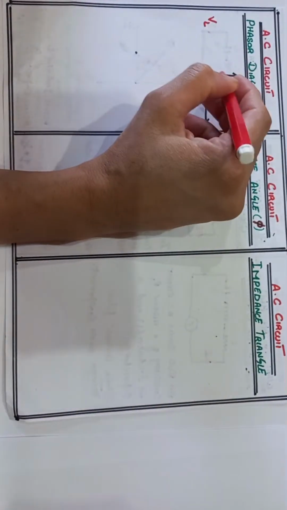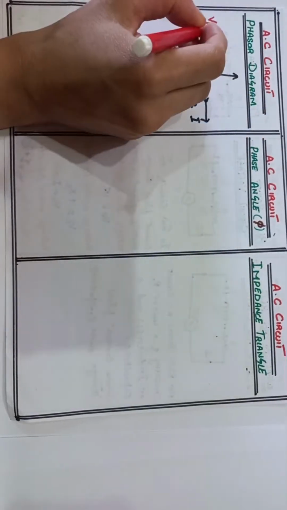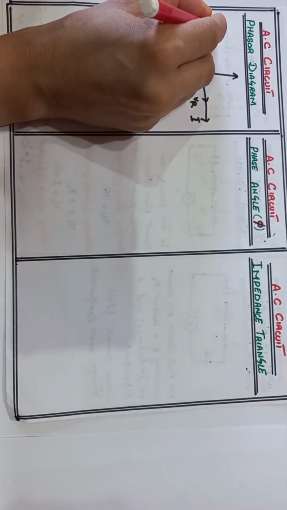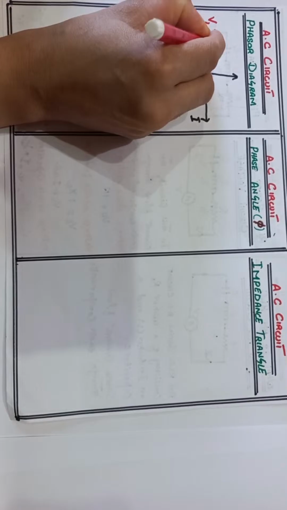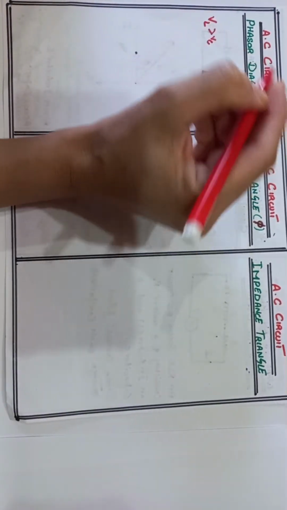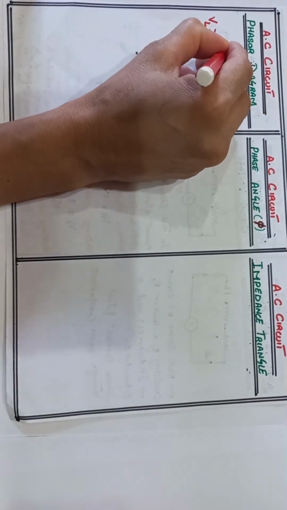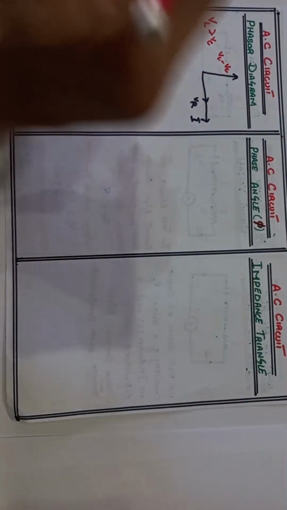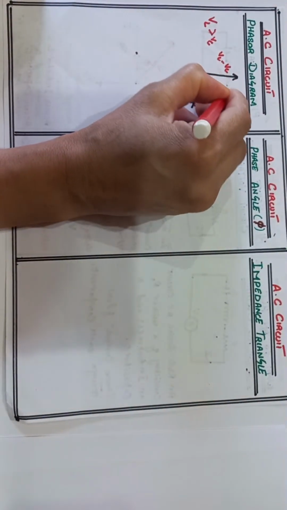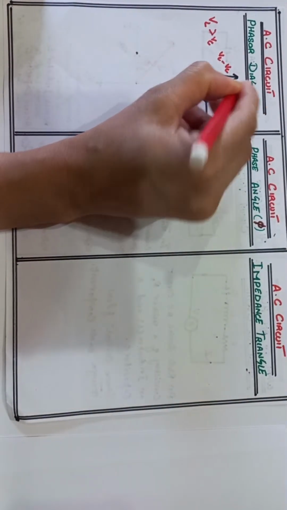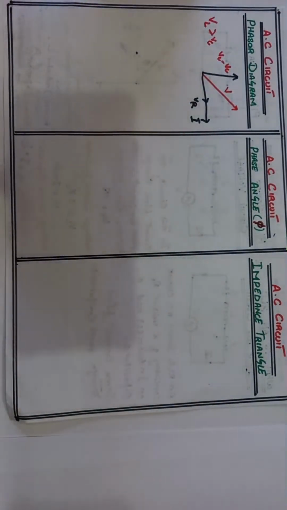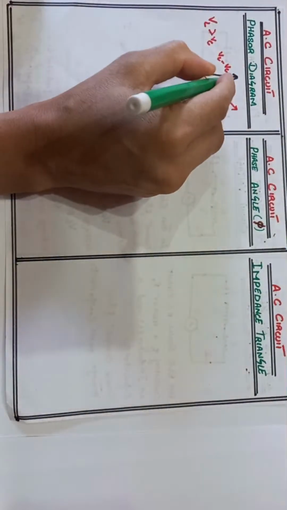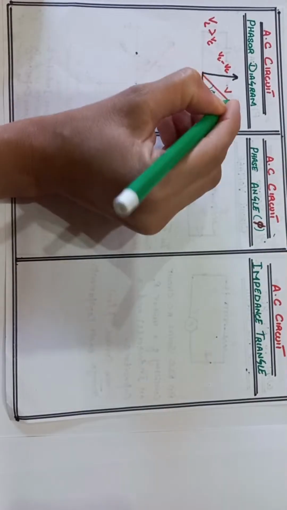When we draw it upward, VL is greater than VC, and here we draw VL minus VC, and here we show the resultant voltage V making an angle phi with the reference axis I.